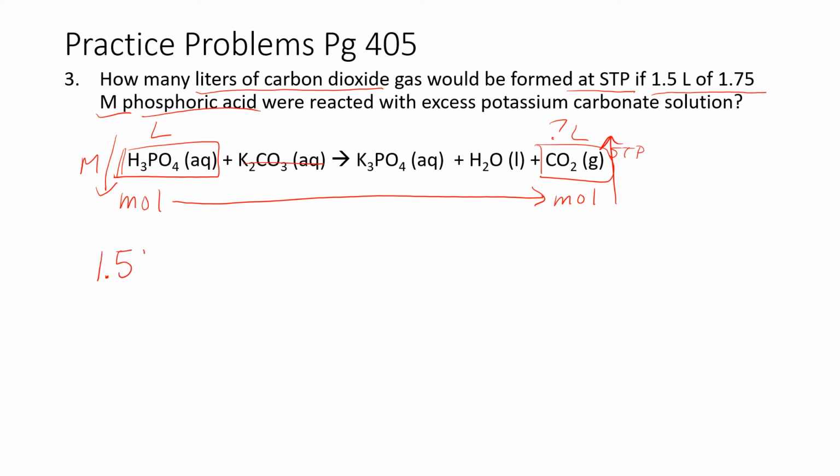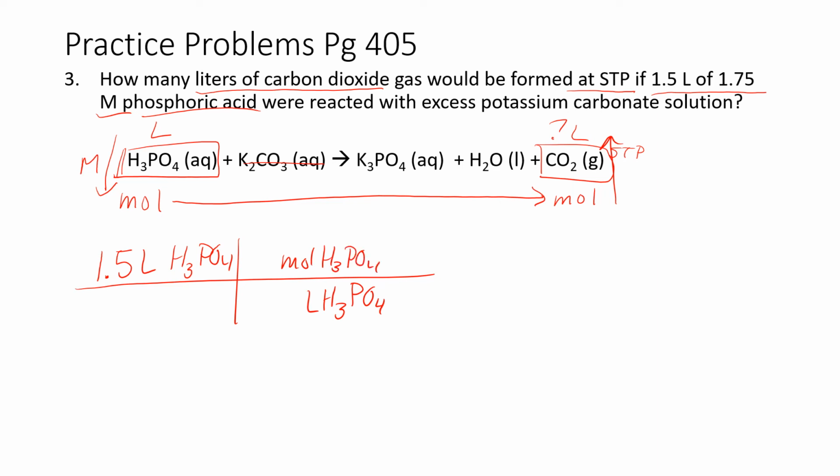So we've got 1.5 liters of H3PO4. And we're going to go ahead and change those liters to moles. All right. So we use our molarity, which is 1.75 moles per liter, and that allows our liters to cancel. Now we want to change those moles of phosphoric acid to moles of carbon dioxide gas, what we're looking for.